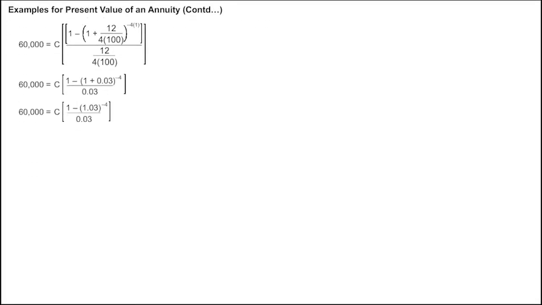Now 1 plus 0.03 is 1.03. So we will have to find out the value of 1.03 whole raised to the power minus 4, which is nothing but 0.888487047. So when you say 1 minus this value, we get 0.111512952.